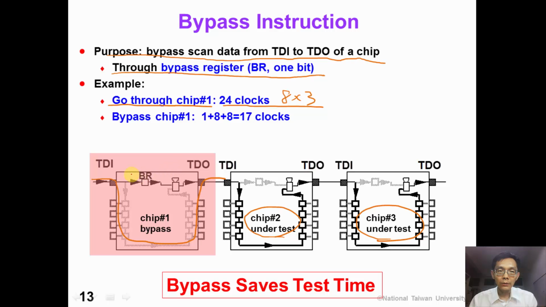However, if we just go through the bypass register, we need only 1 plus 8 plus 8, which is 17 clocks. So the bypass instruction can save us test time.